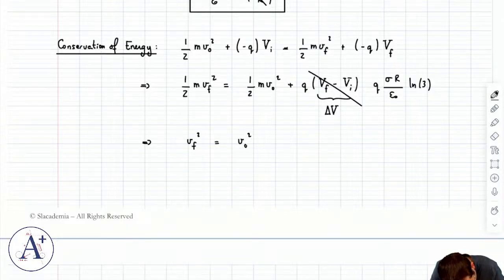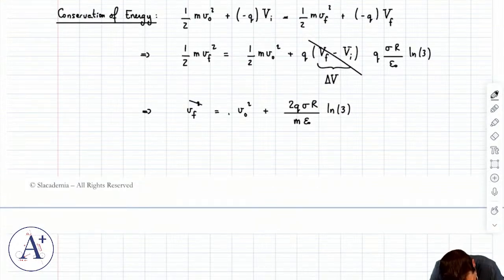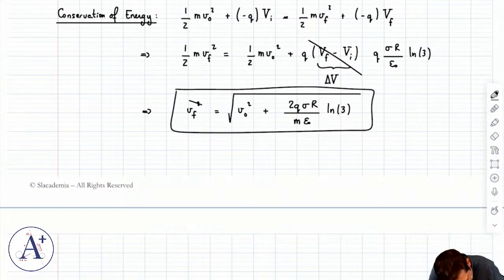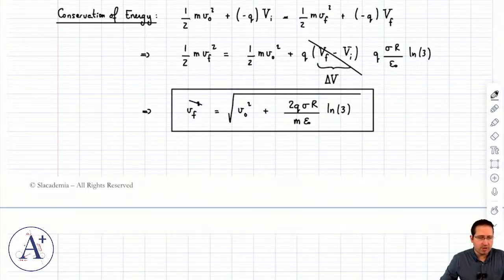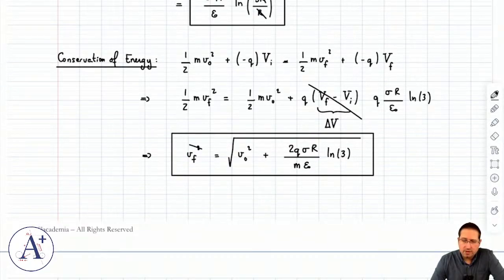I'm going to get V final squared as V0 squared plus 2Q sigma R divided by m epsilon naught, natural log of 3. And then, of course, I'll just square root. Keep the positive root because I want speed. And that will be V final, the speed with which the particle strikes the metal tube.